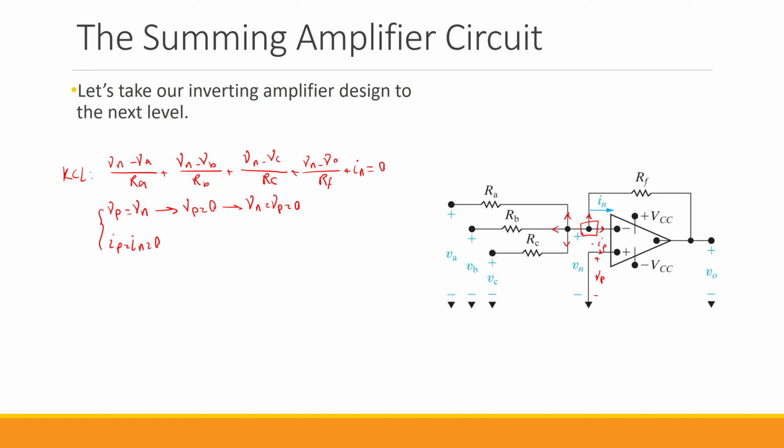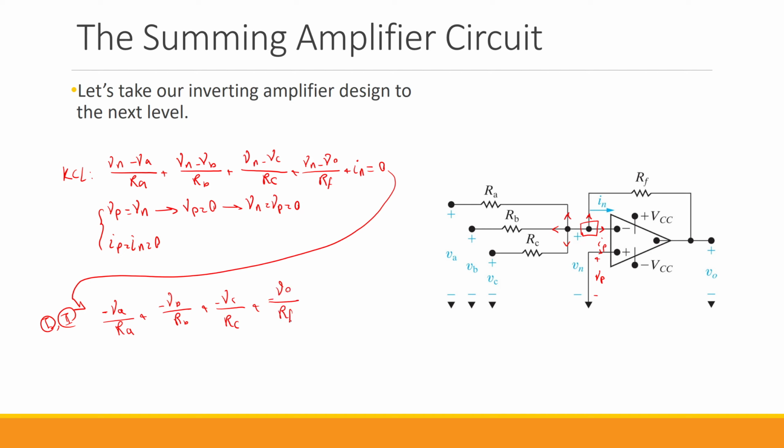Now that we have this, let's rewrite this by considering the two constraints. So we have negative Va over Ra plus negative Vb over Rb plus negative Vc over Rc plus negative Vo over Rf equals 0.